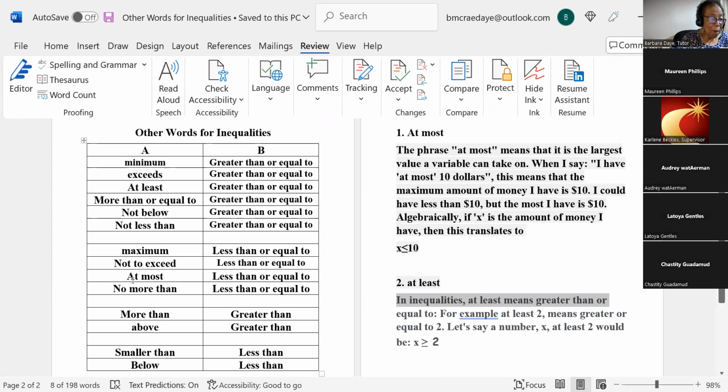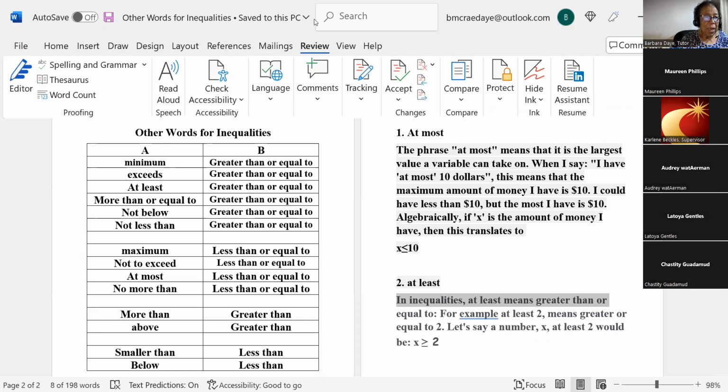At most means less than or equal. More than is greater than, above is greater than, smaller than is less than, below is less than. If it's not less than, it's greater than or equal. If it's no more than, it's less than or equal. You'll get this as part of your session, because in some of your problems you'll have some of these instead of greater than or equal.